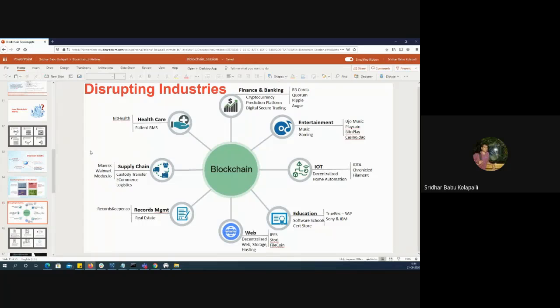They started with IoT, where they generated what we call tags, right? Small tags, and you can stick the tag on any product. The tag has a unique identifier, and it identifies that, okay, this is the product. For example, let us say you are purchasing a laptop from Amazon or from Flipkart.